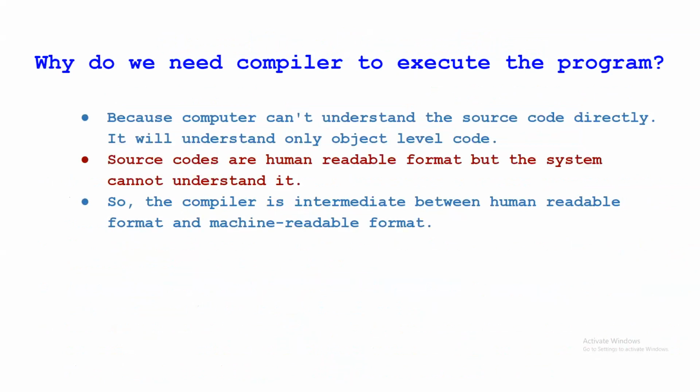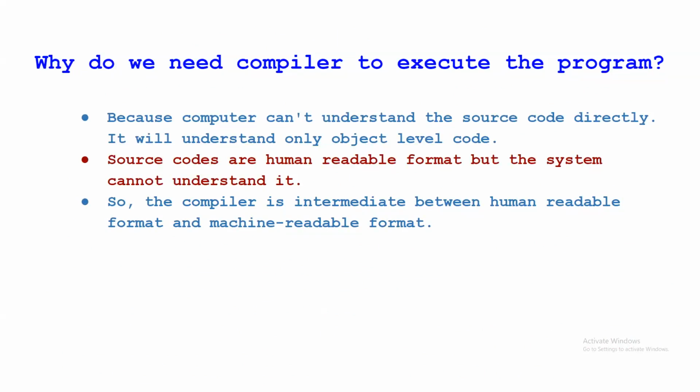Now, why do we need a compiler to execute the program? Because the computer can't understand the source code directly, which we write in English-like language or assembly language. It will understand only object level code. It means that is machine code, that is binary code.